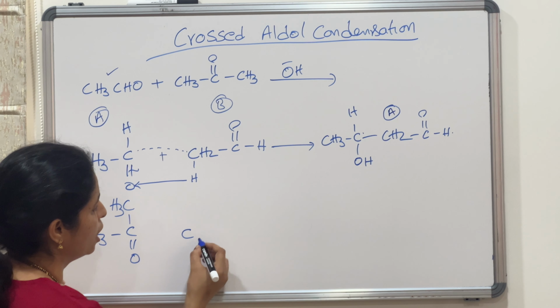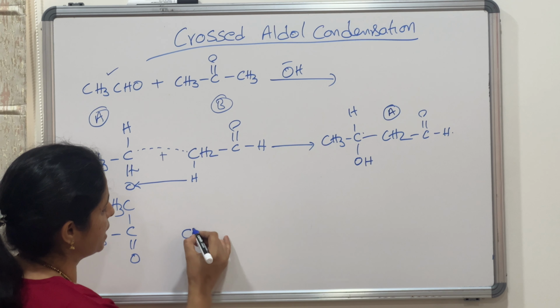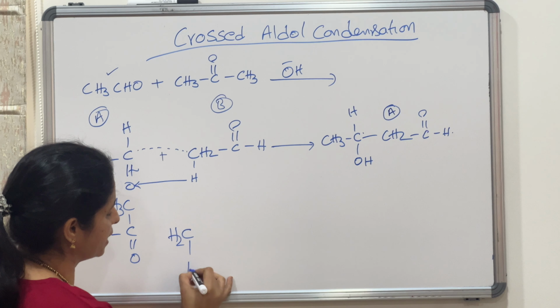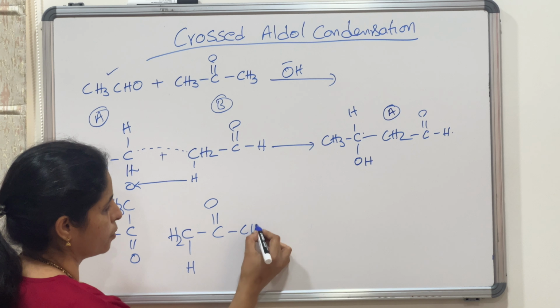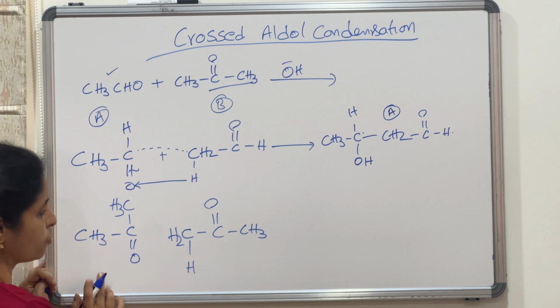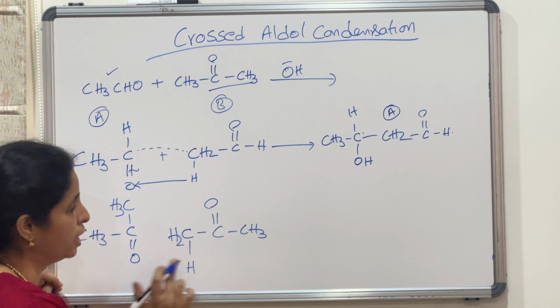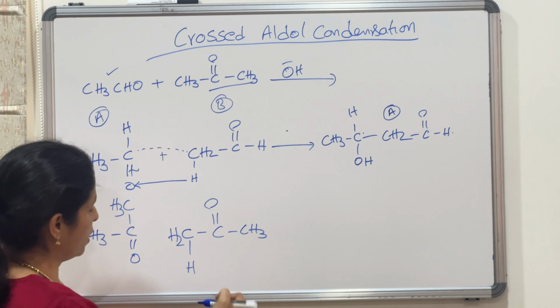It is C double bond O CH3, and all you require is that alpha hydrogen, and here is your C double bond O CH3 as it is. This is one molecule of acetone and this is the second molecule of acetone. These two are undergoing self condensation in the presence of a base.